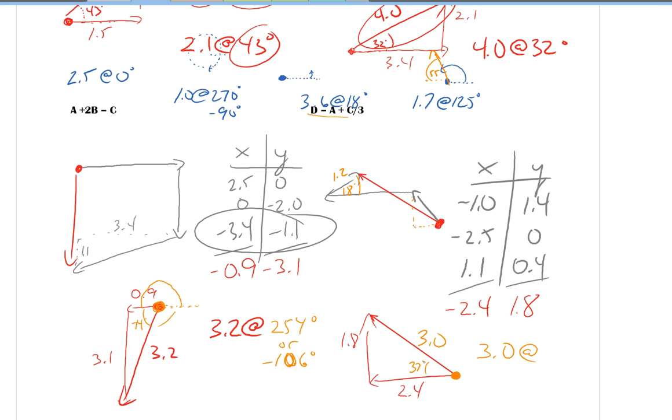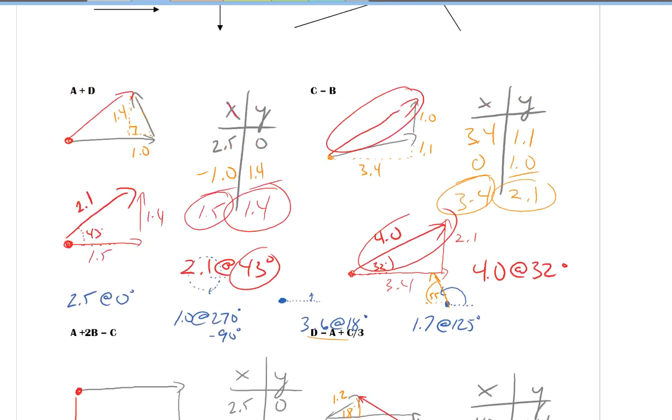For my angle, I'm not going to use 37 because I want the angle from the positive x-axis. So I'd wrap this around, and halfway around is 180. If that's 37, this must be 143 degrees right there. So we're looking at 3 at 143 degrees.